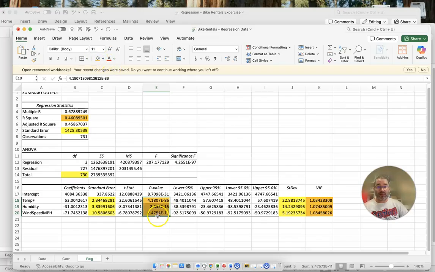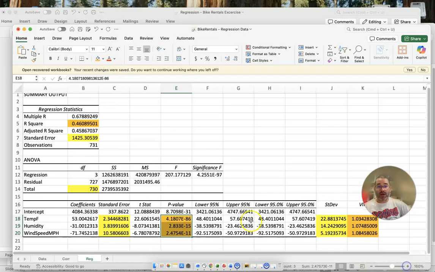These are the numbers that we're looking for here. Don't be fooled by the 4.1, 2.8, 2.47. I've seen this go wrong a bunch, but notice this is scientific notation: E to the minus 86th, E to the minus 15th, E to the minus 11.